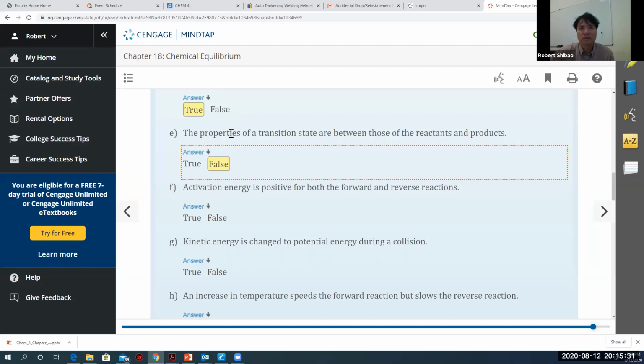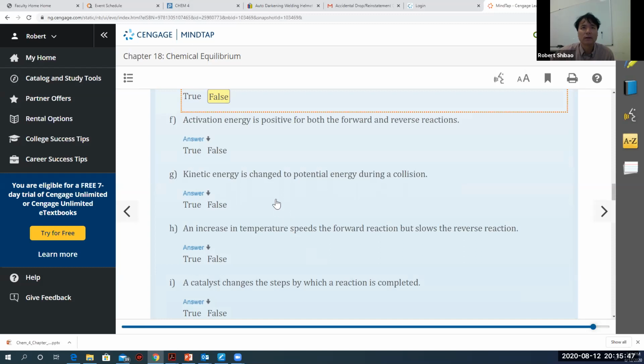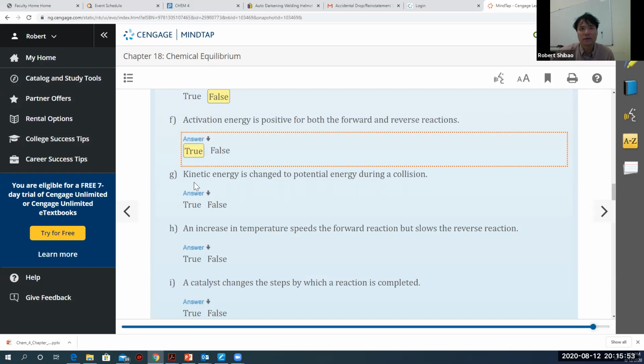If you're just looking at the bonding properties, this would be true. If you're looking at chemical and physical properties, if you could, in theory, isolate it, it's not stable. But if you could isolate it, then it would be false. Activation energy is positive for both the forward and reverse reactions. That's true. It's got to climb a hill either way you go.